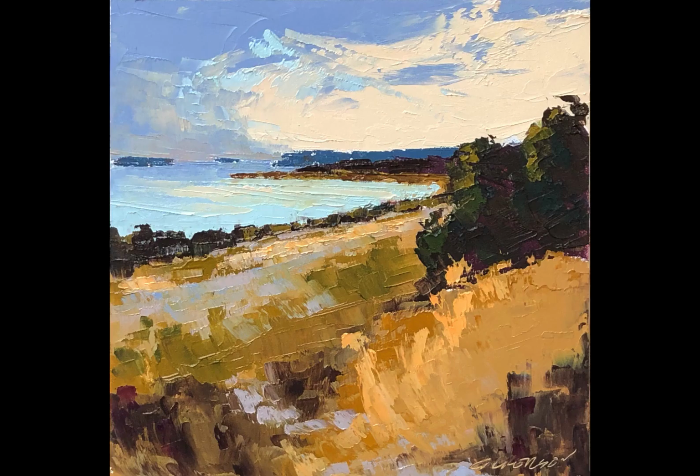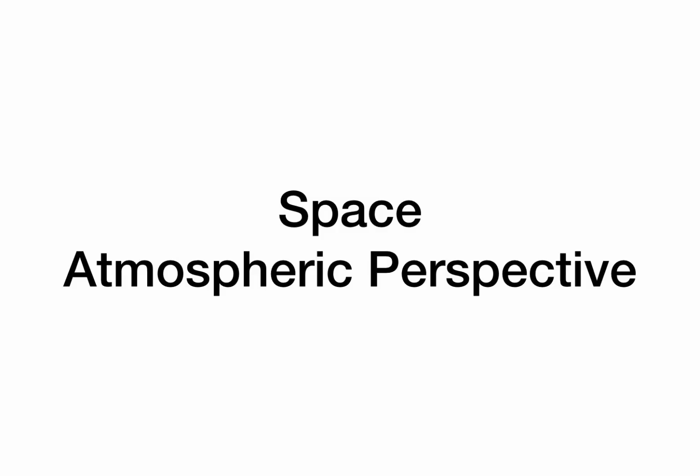Creating a sense of space, particularly deep space, has been a goal for landscape painters for a really, really, really long time. Our understanding of the visual cues, the things that teach our perception that there's a sense of space in the painting, dates all the way back to the Italian Renaissance.